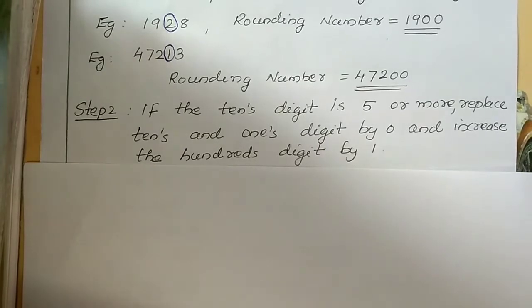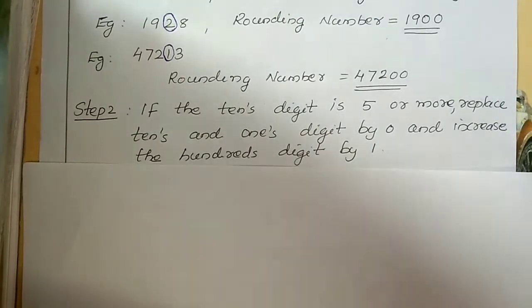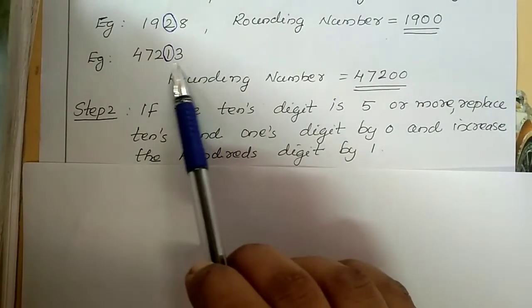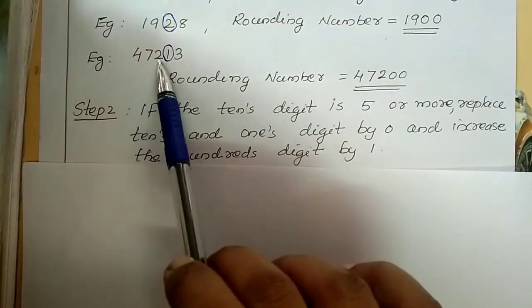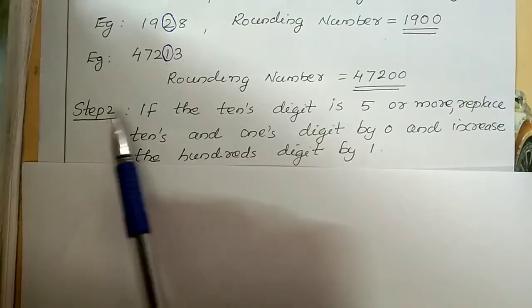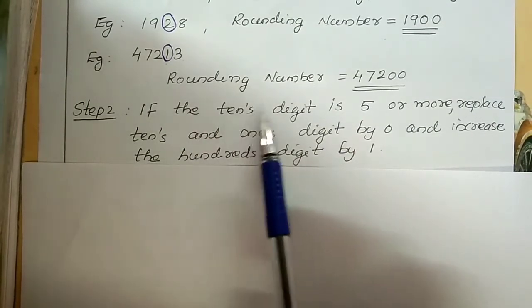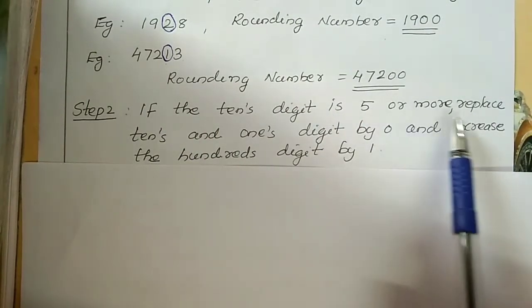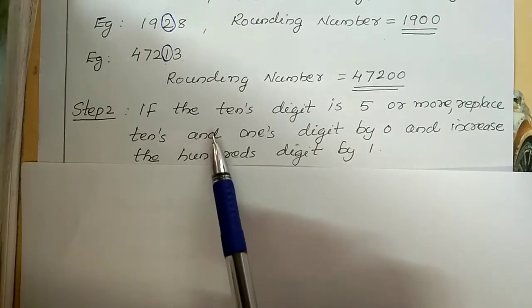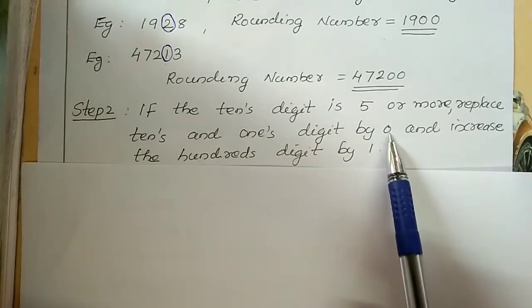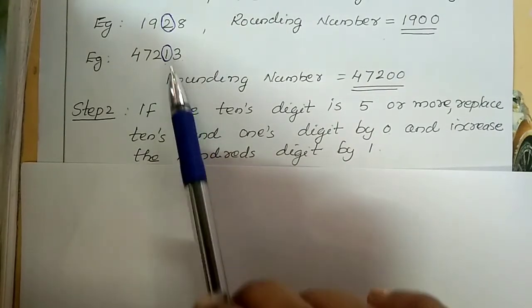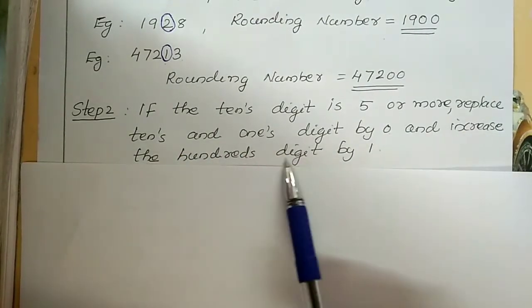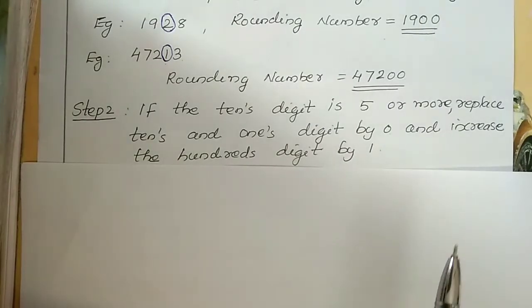Only replace the tens and ones place by 0 and the remaining digits have no change. Then what is our step 2? If the tens digit is 5 or more, replace tens and ones digits by 0 and increase the hundreds digit by 1.